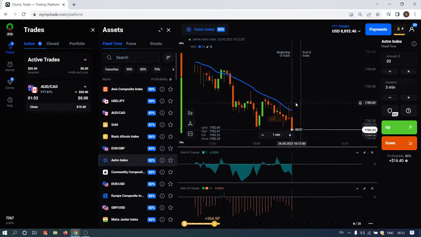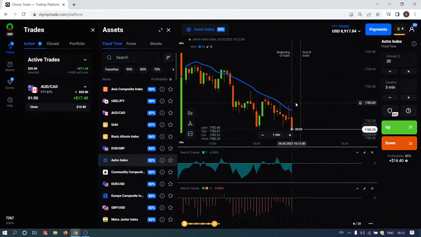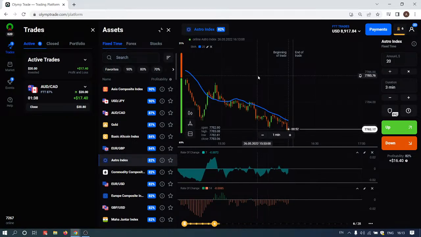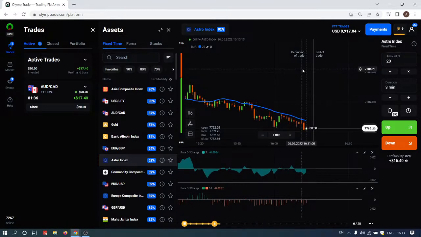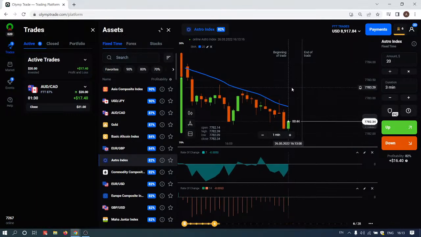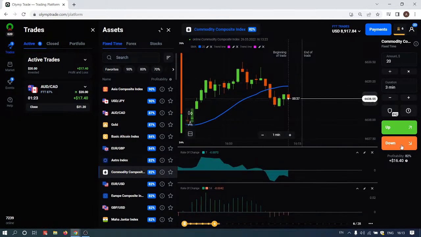It follows the rules of technical analysis quite well, because most of the indices are based on some underlying assets, and not just on one asset, but on a group of different underlying assets. That is why they are so technical. Simple as that.